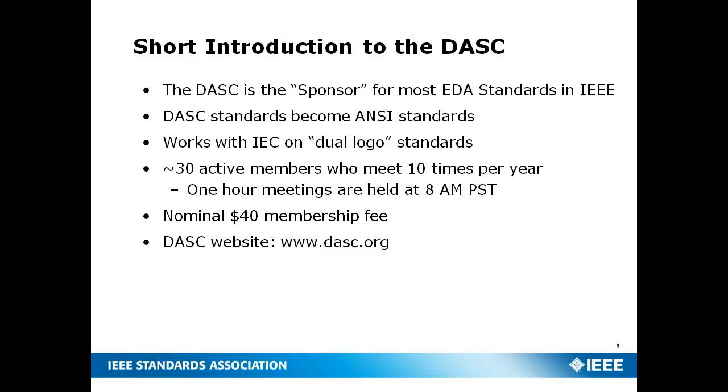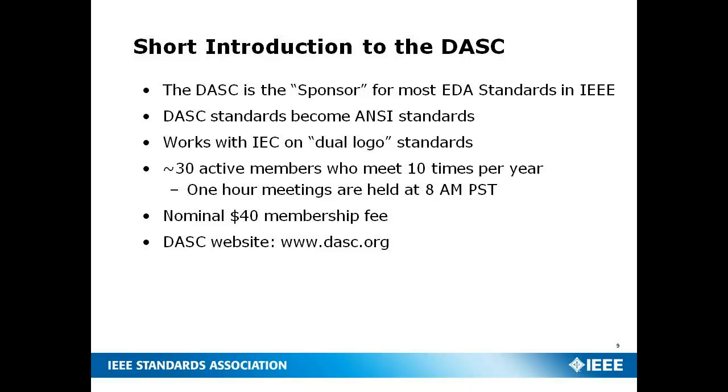The IEC is an organization in Switzerland, aligned with other groups like ISO, that works on a global level. IEEE and IEC have agreements that when the DASC produces standards, they will also get a logo from the IEC. For certain national standards groups, this is extremely important, so we're very happy about that.